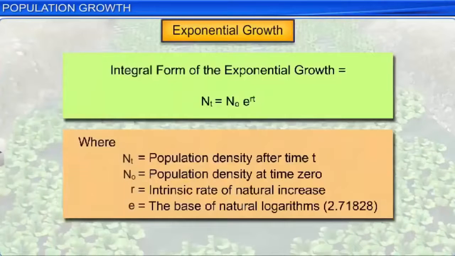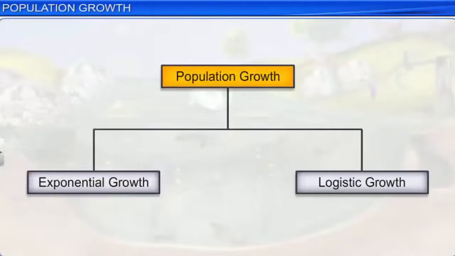Moreover, with the basic knowledge of calculus, you can derive the integral form of the exponential growth using the equation as shown. Thus, an exponential growth pattern is seen when resources are unlimited.